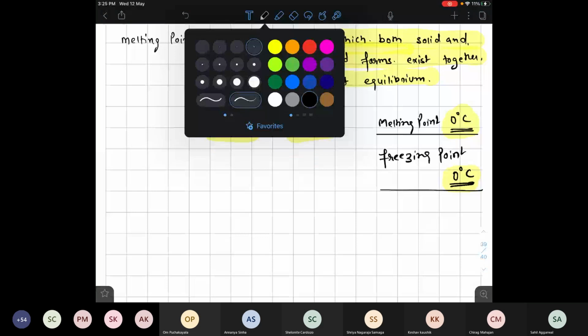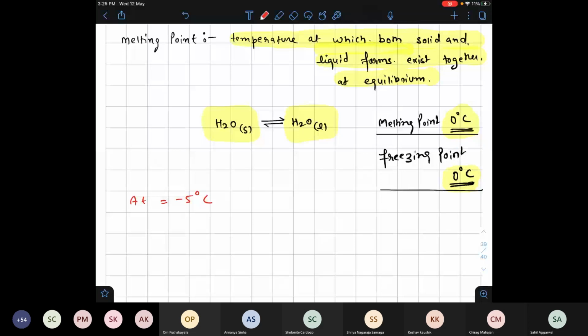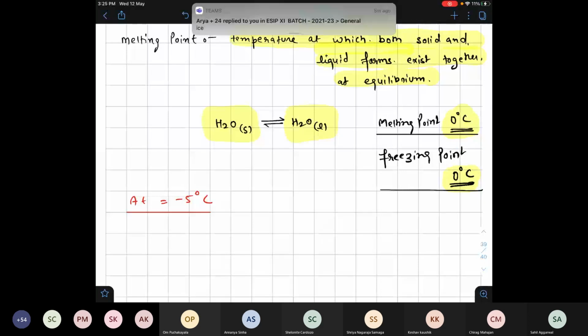Like at -5, what you will get? -5 डिग्री सेंटीग्रेड पे क्या मिलेगा? Ice. Solid. और 5 डिग्री सेंटीग्रेड पे water. At 0 degree centigrade, both.